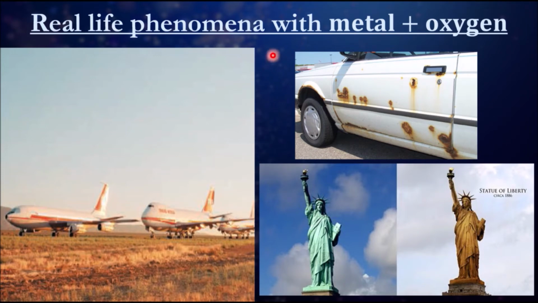We can see metal-oxygen reactions in the rusting of cars if the paint goes off. We can also see it in the Statue of Liberty: the original color was, I think, copper, and over time it has reacted to become copper oxide. Now this image here is aeroplanes, I think in maybe Chicago, somewhere nice and dry.